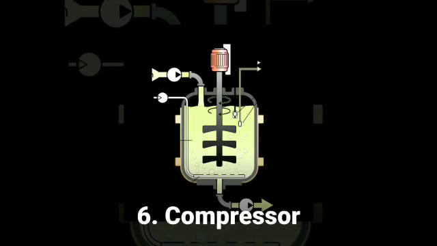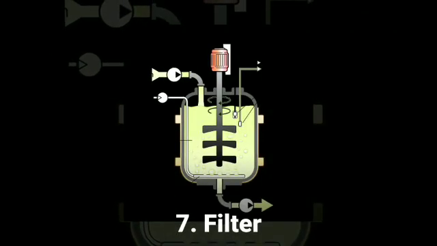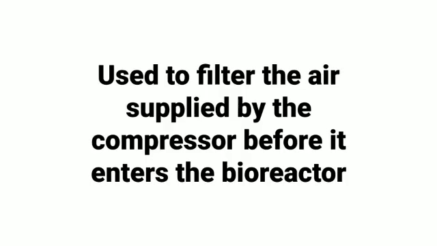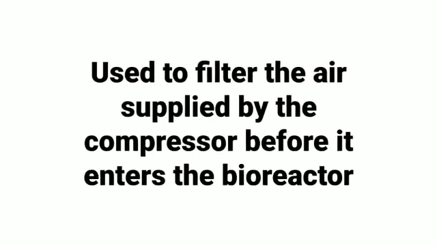Sixth, compressor. It is used to pump air under pressure to promote aeration and mixing. Seventh one, filter. It is used to filter the air supplied by the compressor before it enters the bioreactor.